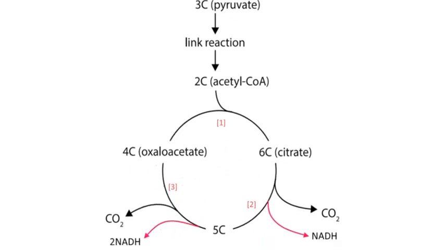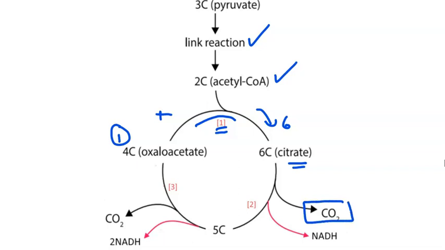In this image, we have summarized the steps into the classic cyclic diagram. So briefly, we can see the link reaction, the acetyl-CoA. Step 1 here is the acceptor stage, 4 plus 2 to give the 6-carbon citrate, the decarboxylation here, the formation of the reduced coenzyme which will then go off to the electron transport chain.